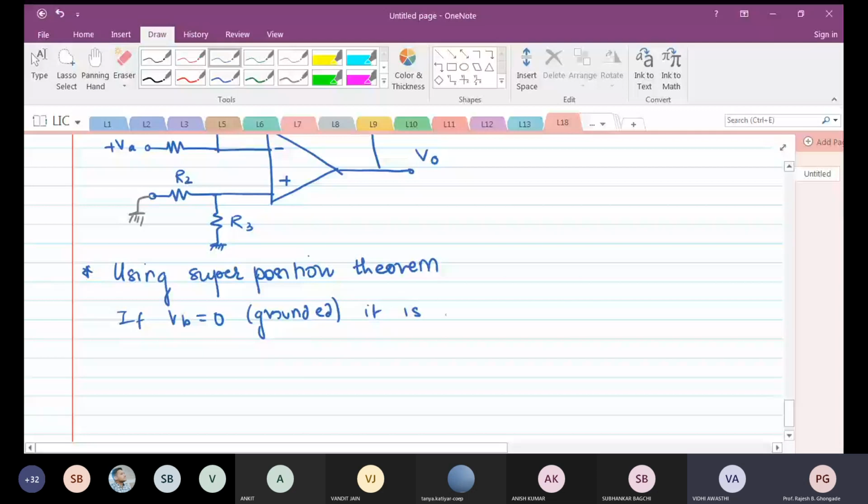If RF is equal to R1, which I make them equal, in that case VOA is simply minus VA. Agreed?